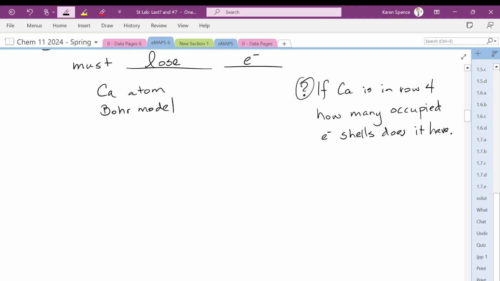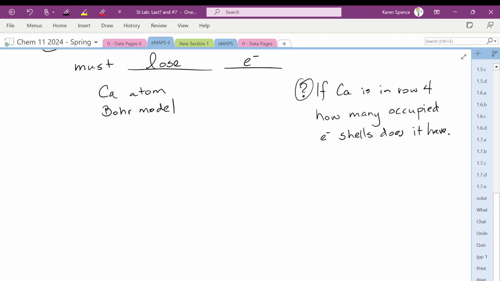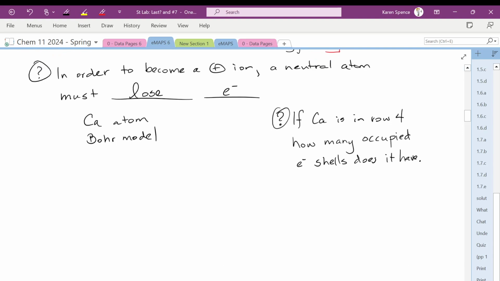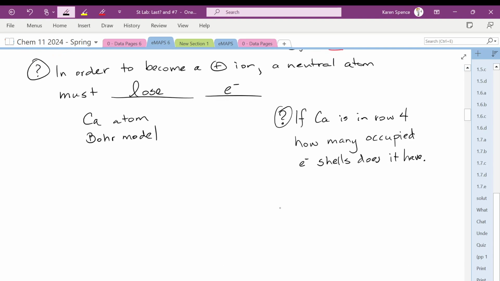Please come and help yourself if you can't find yours. If you do not have a periodic table in front of you, then you will not be prepared to do this. Get your periodic table in front of you. Borrow one from me if you need to. Okay, I want you to look at hydrogen, please.